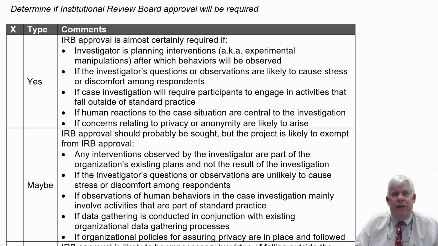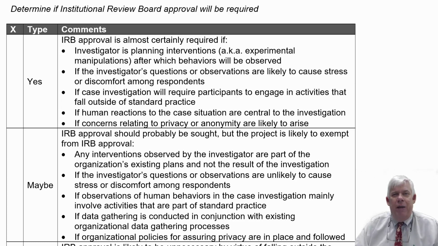So here are some of the factors that I would say almost certainly mean that the IRB needs to be involved, and that you better plan on some time, often 1 to 2 months, in order to get approval before you start any research, which might even include some of your initial visits to the organization.